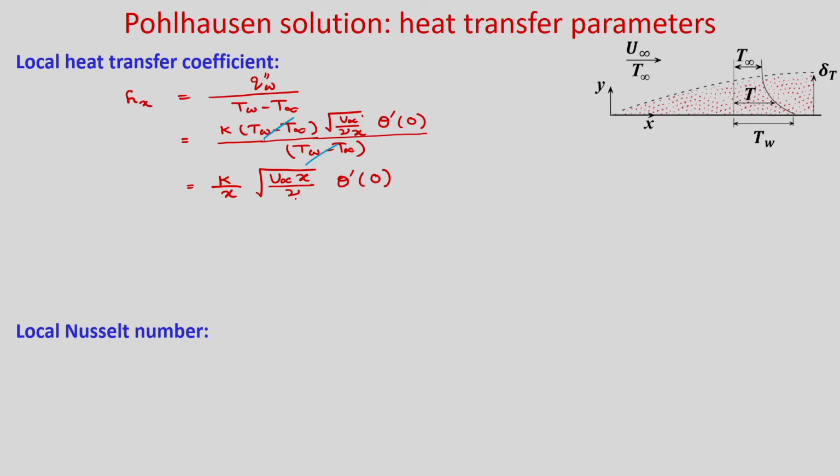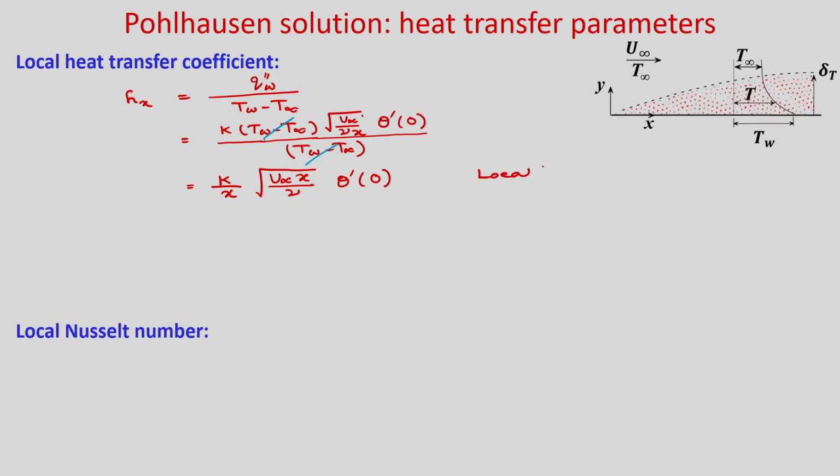What is u infinity x by nu? You know the Reynolds number definition, right. This will be the local Reynolds number at any location x. So, local Reynolds number Re x you can write as u infinity x by nu.